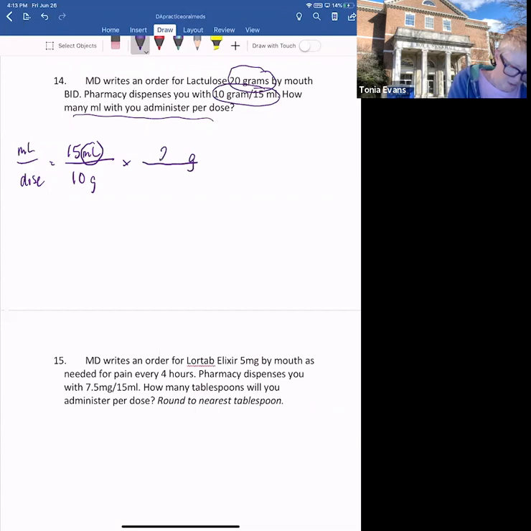My dose is for 20 grams per dose. Cancels out, got what we need. 15 times 20 divided by 10 equals 30.